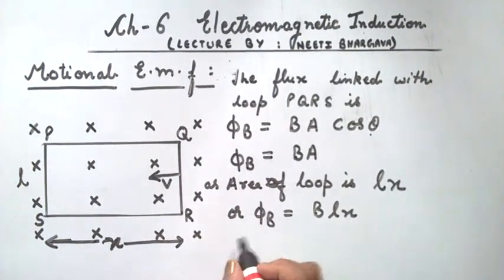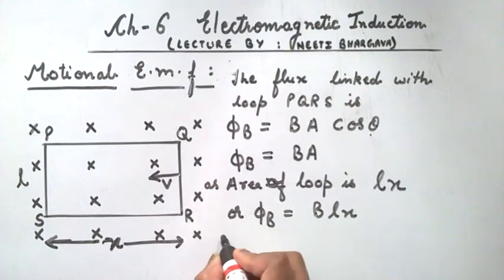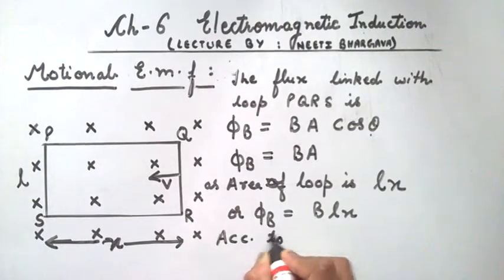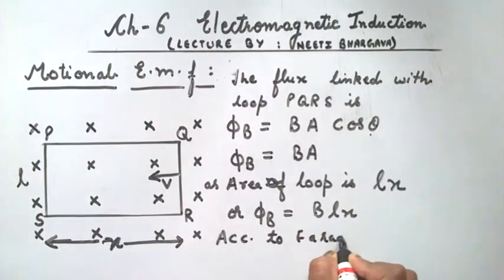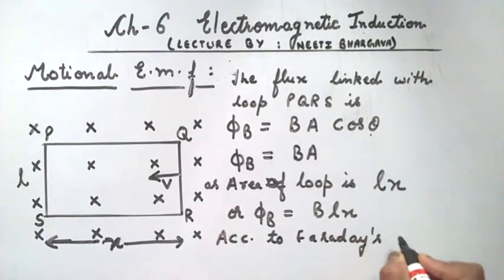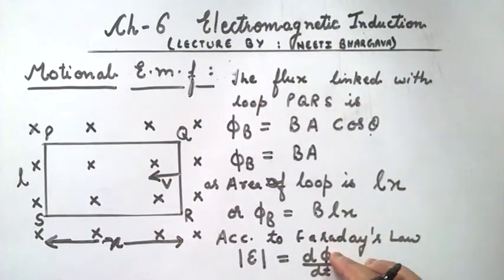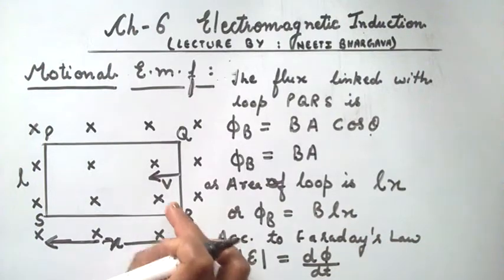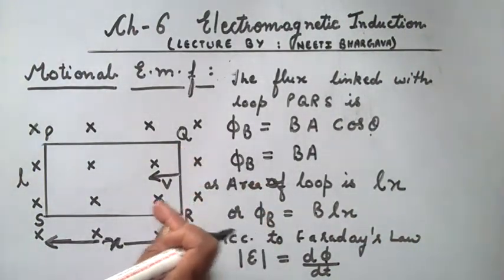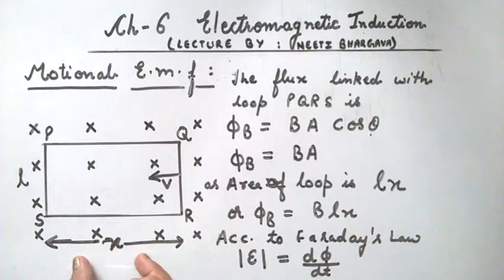Now according to Faraday's law, the rate of change of magnetic flux is equal to induced EMF. Substitute the value here. As this arm is moving towards left, its distance is decreasing with time, that is x is changing with time.